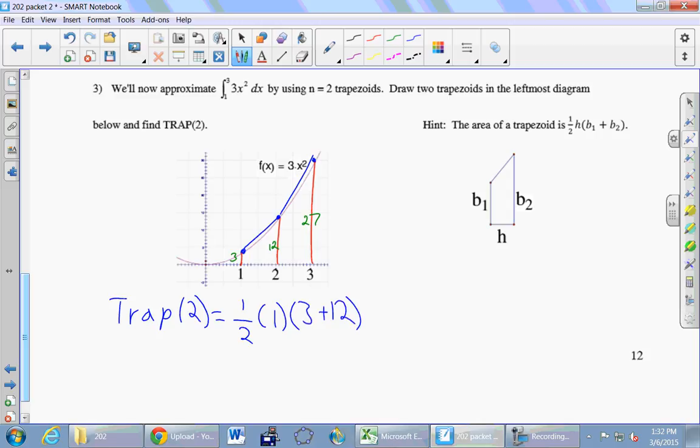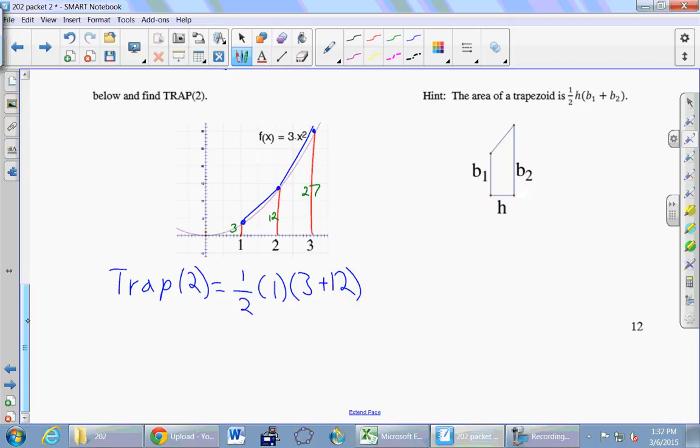That's the area of the first trapezoid. And then plus, and then we do the same thing for the second trapezoid. So half of the height again is 1, and then the bases are 12 and 27.